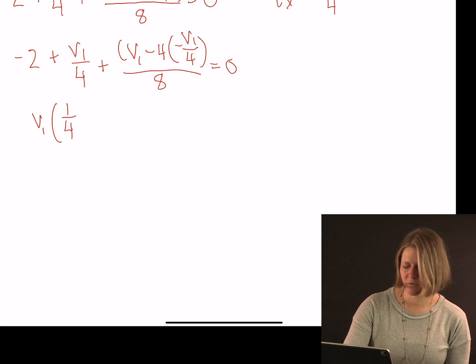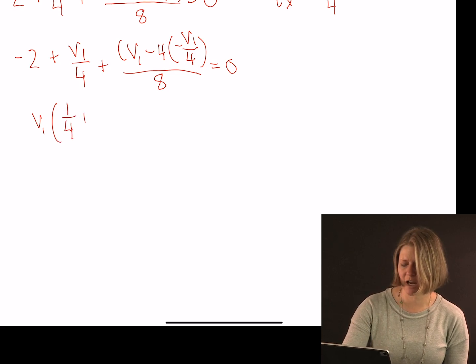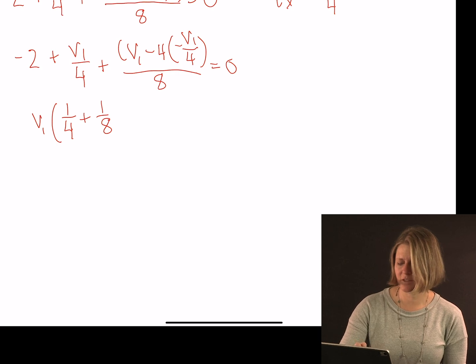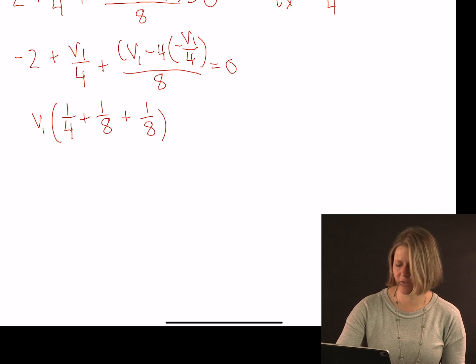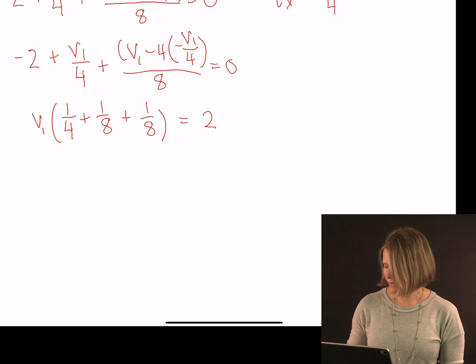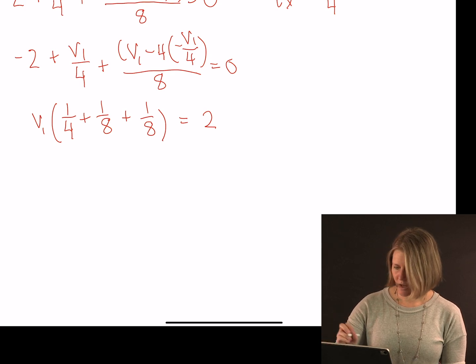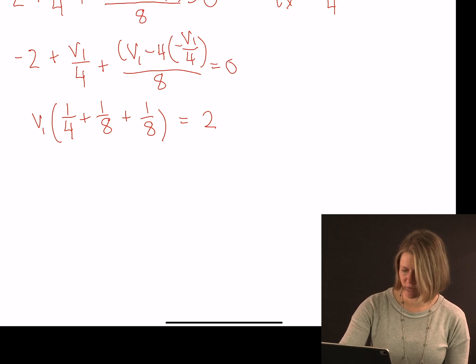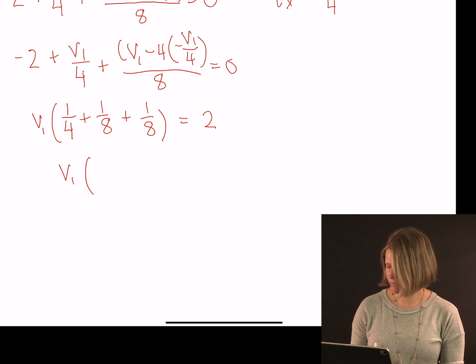So I have 1 over 4, I have plus 1 over 8, and then this one, the 4's cancel, and this becomes a plus 1 over 8. And then I can take the 2 over to the other side. I'm going to combine all of these.